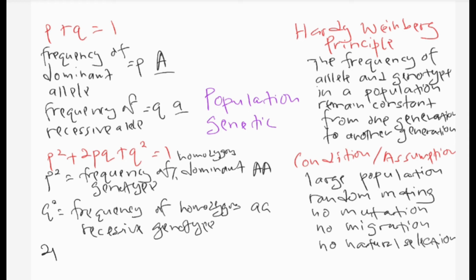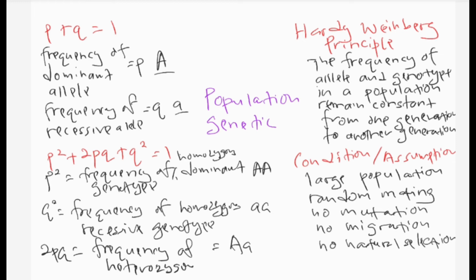And 2pq refers to the frequency of heterozygous, or capital A, small a.